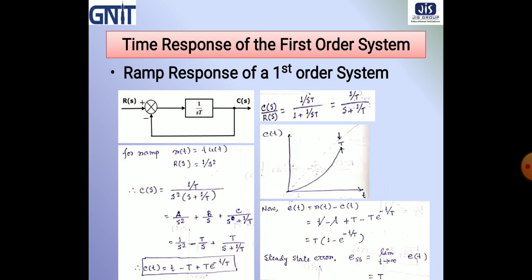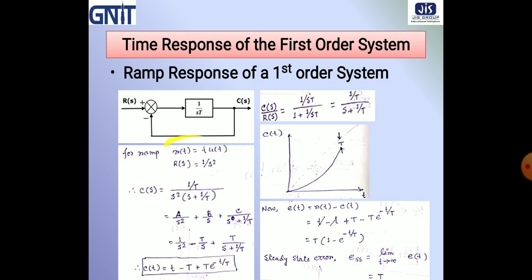Next is the ramp response of a first order system. Now, what is ramp response? For a closed loop standard first order system, the closed loop transfer function will be like this, which I already discussed in our previous slides. Now, if we want to calculate the ramp response, then we have to apply a ramp input.